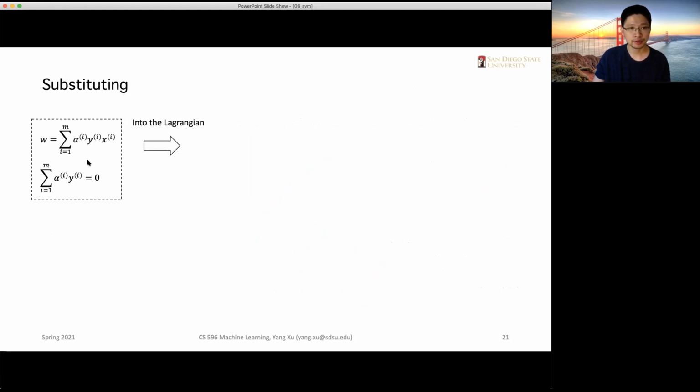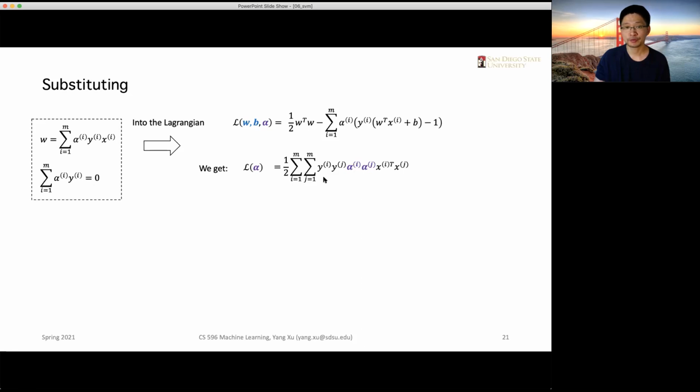So we substitute these two expressions into the original Lagrangian, and we will get only the expression with respect to alpha. All W and B are gone. The Lagrangian with respect to alpha is something like this.